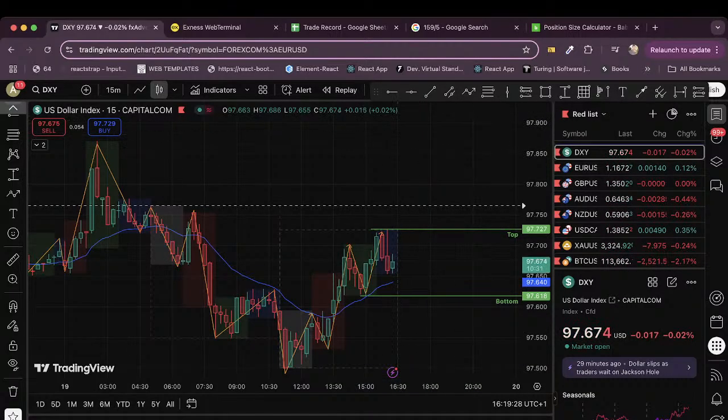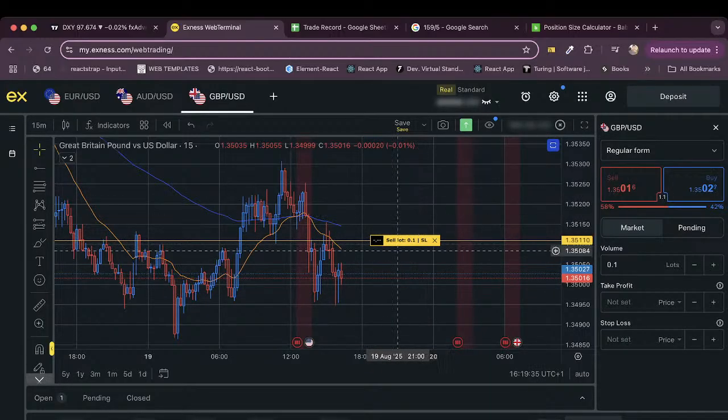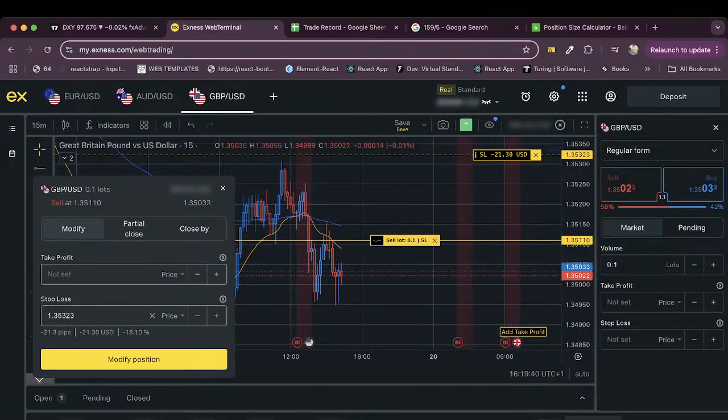Okay, so we are still holding on to our entry here. I know you can't see the price because I blindfolded it, but from here you can see we have an entry there.